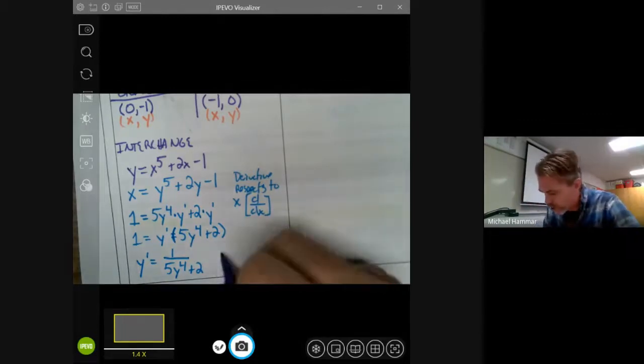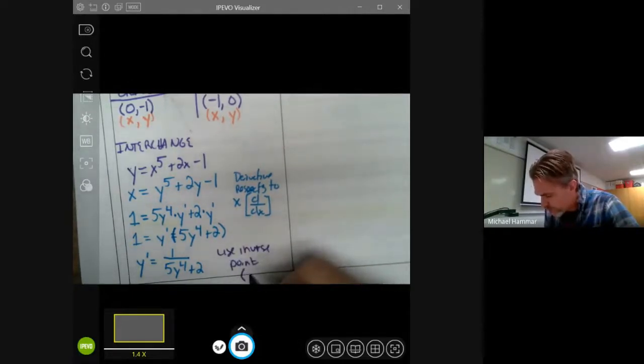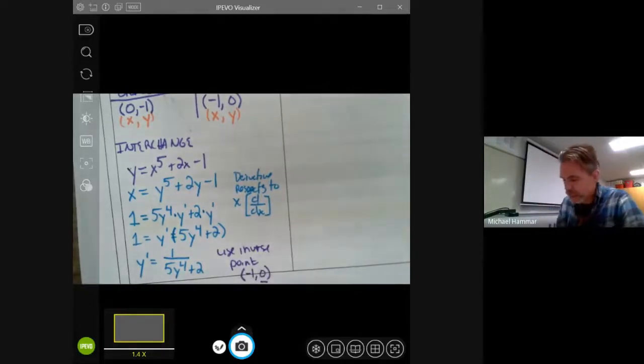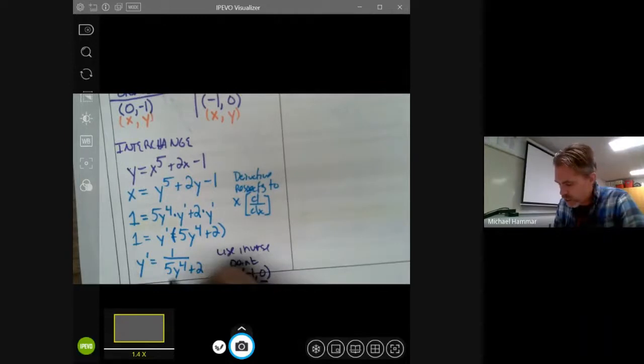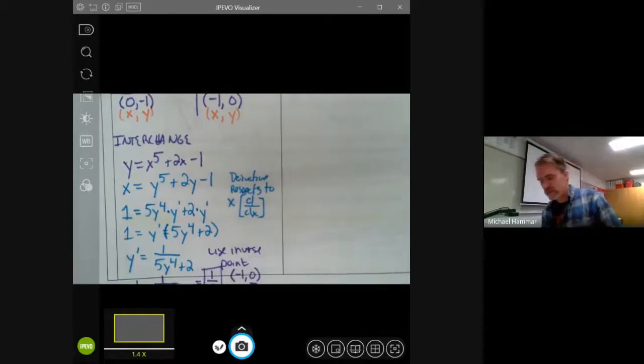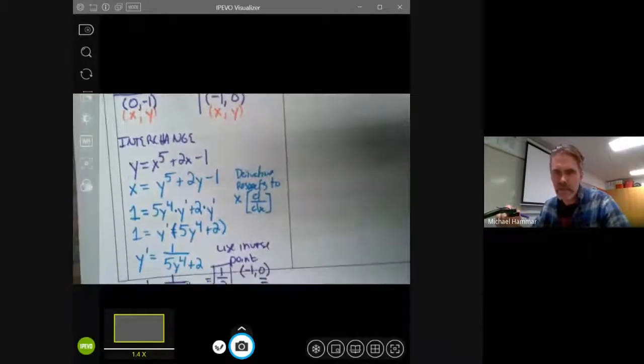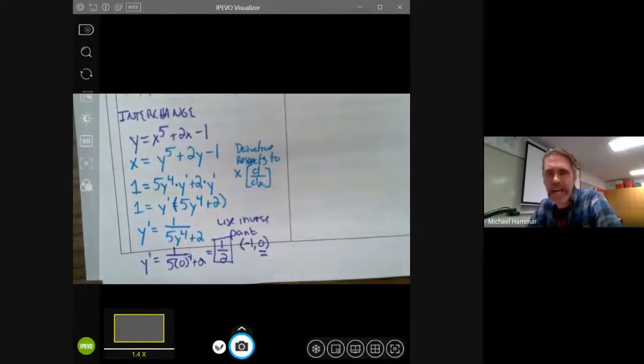Remember our inverse point has a y value of 0, so plug that in. y prime equals 1 over 5 times 0 to the 4th plus 2. So y prime equals 1/2. Our slope at the inverse point is 1/2.